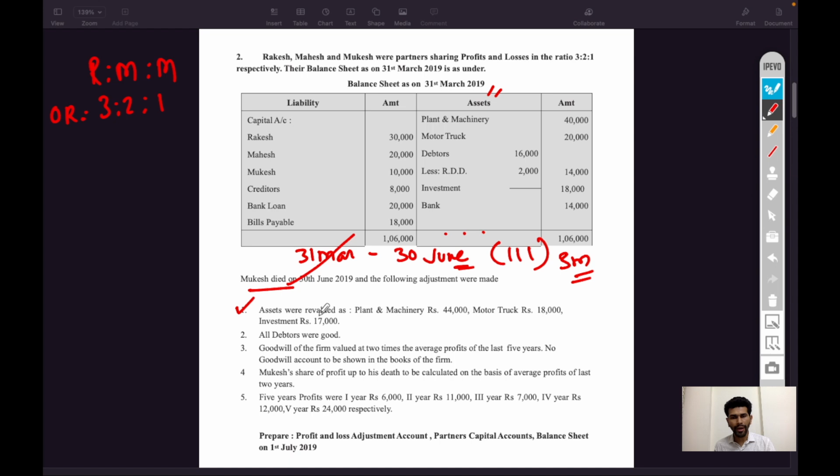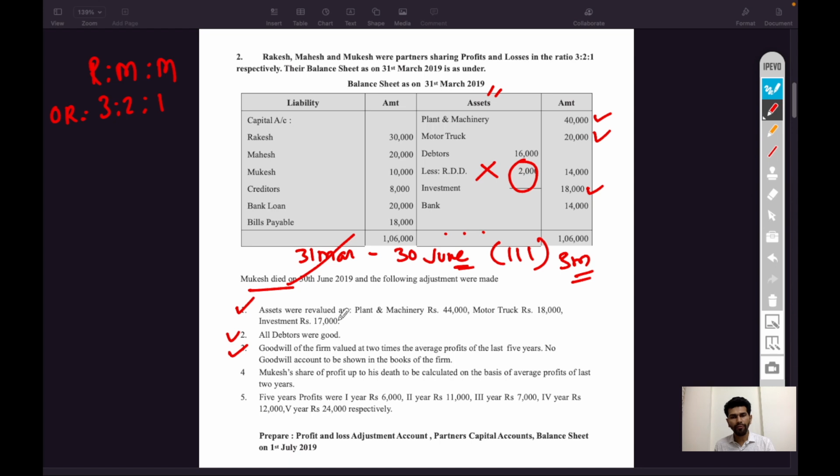Assets were revalued as plant and machinery 44,000 rupees, motor truck 18,000 rupees, investment 17,000 rupees. There are adjustments in these assets, so we will put the amount in the inner column. Second, all debtors were good, so the amount of RDD will be cancelled.